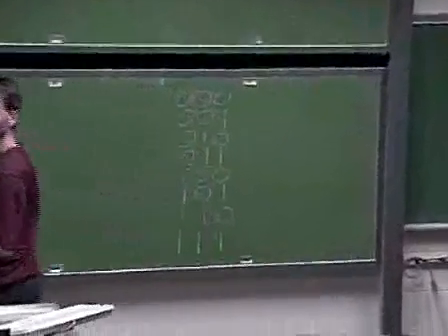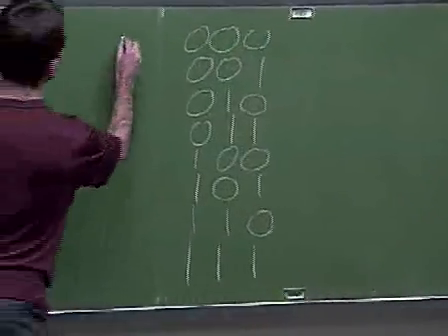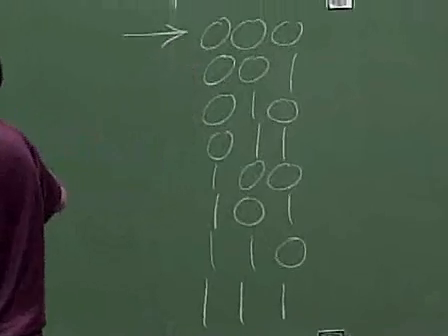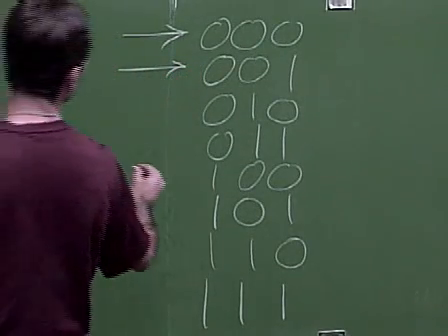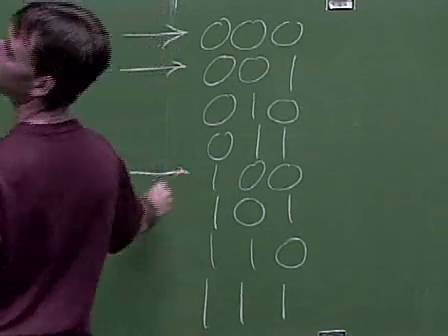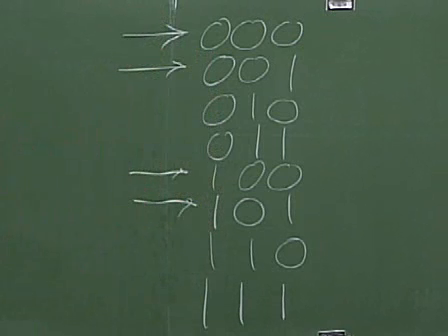These are the pool of 8 code words, and we've chosen 4 of them, right? We chose this one, then we chose this one, and this one. So we chose these 4, and we built our 3,2 code.